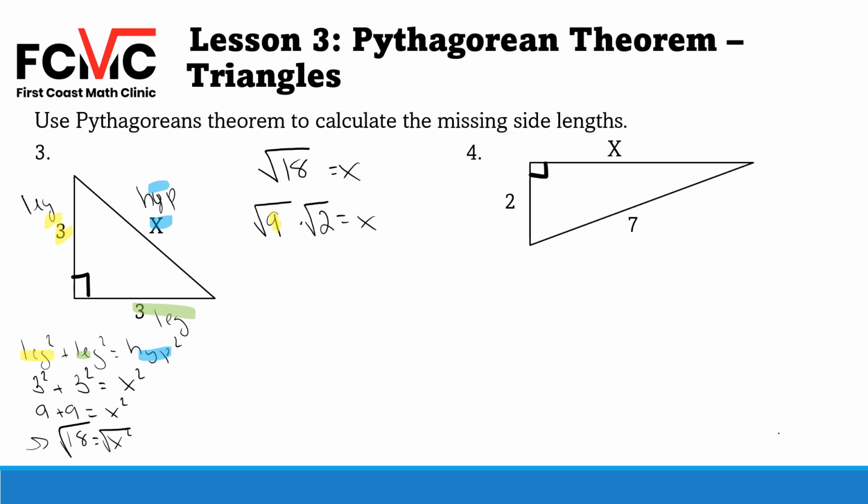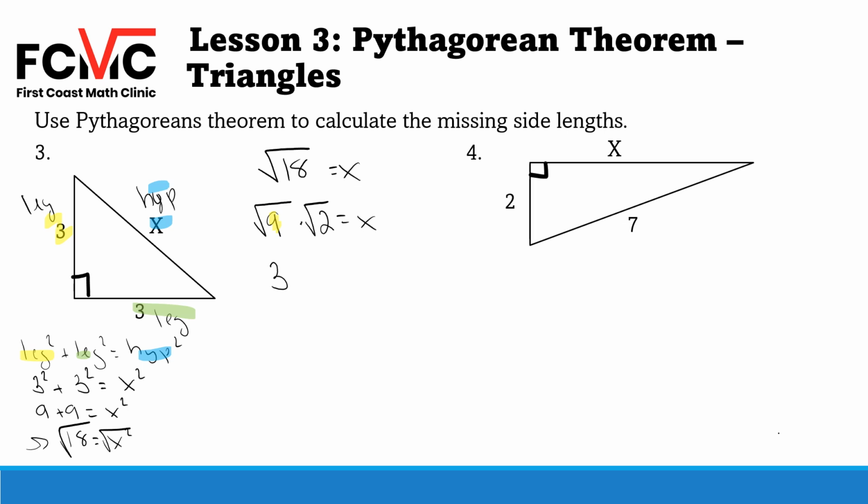So the square root of 9 is going to give me 3. I'm going to keep the positive answer. In the last video, we said our square root is positive and negative, but because we're finding a length, a distance, our distance can only be positive, so we're going to keep our positive answer. I can't do much with the square root of 2.